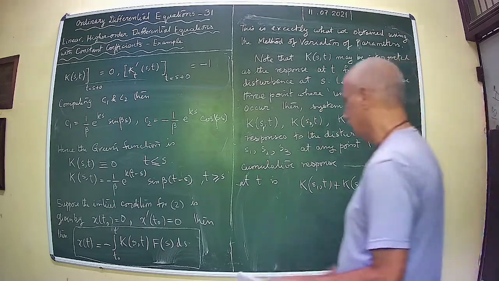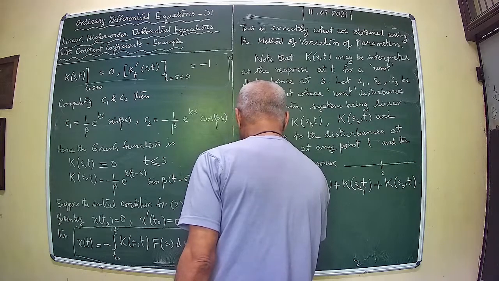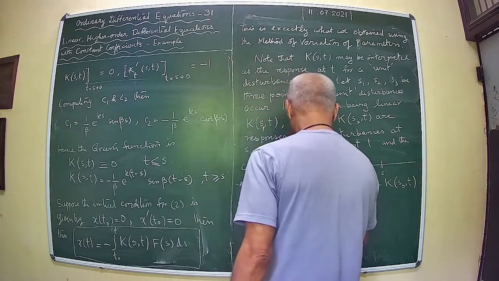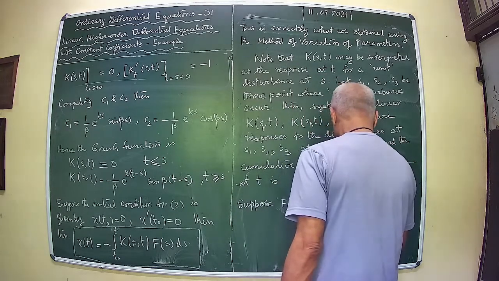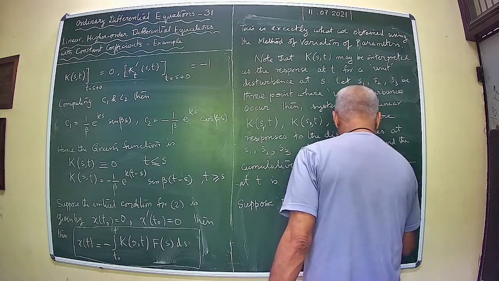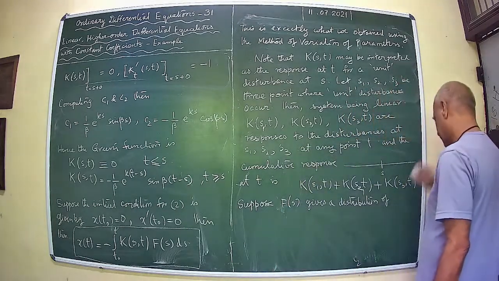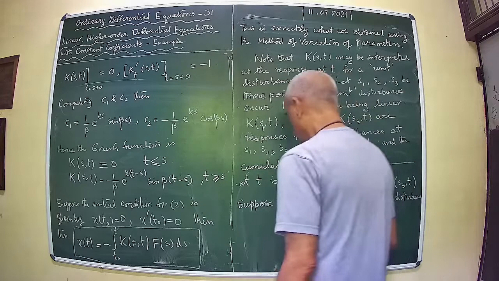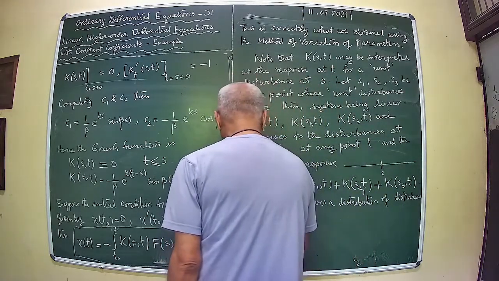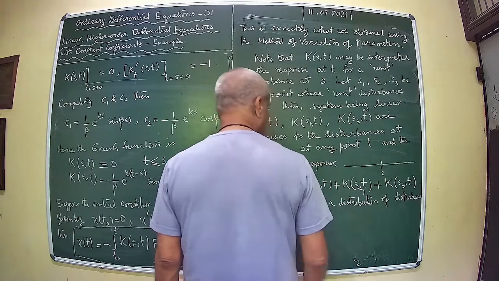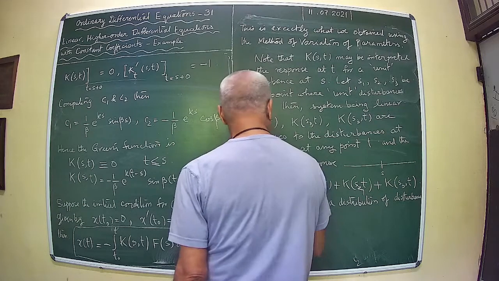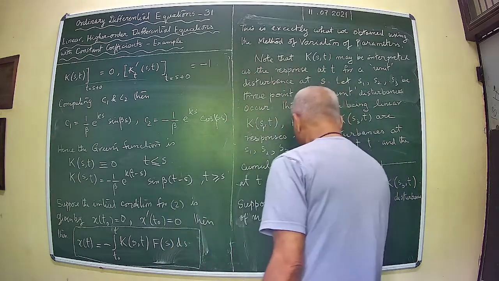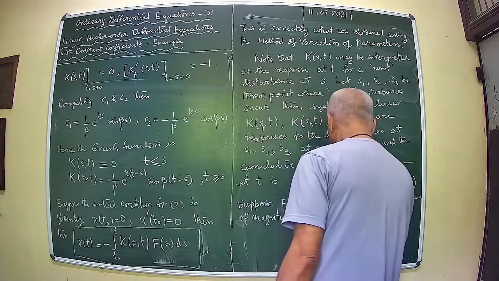Therefore suppose F is a distribution of disturbances of given magnitudes.